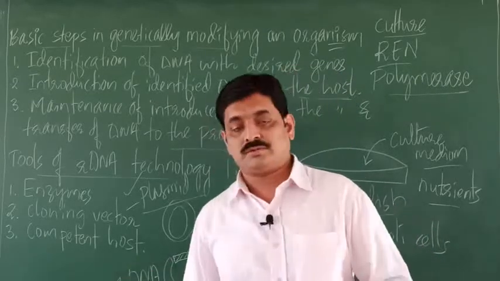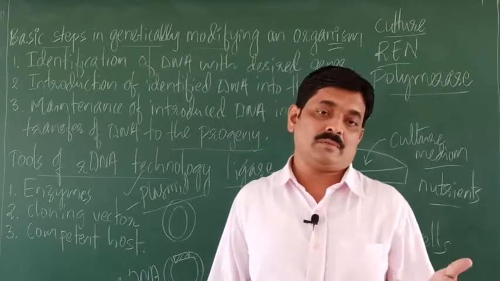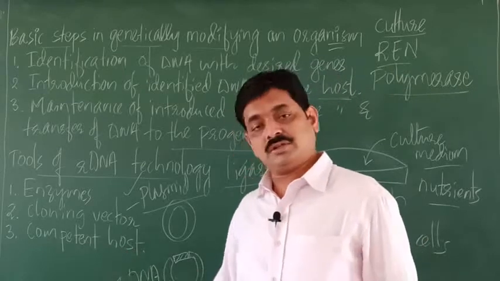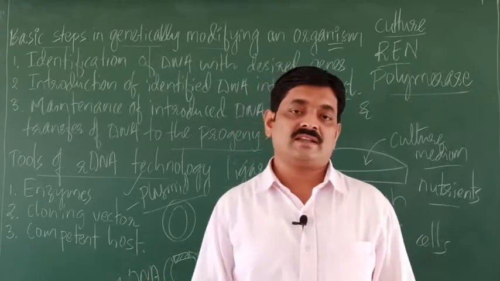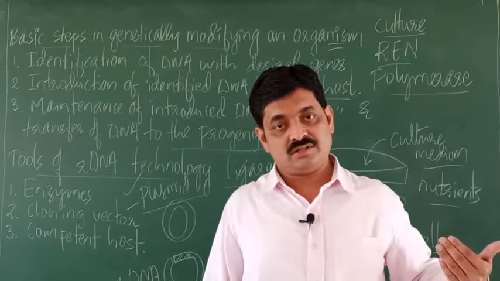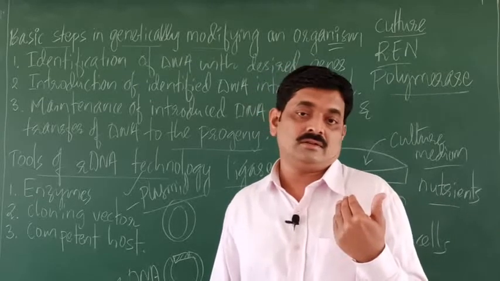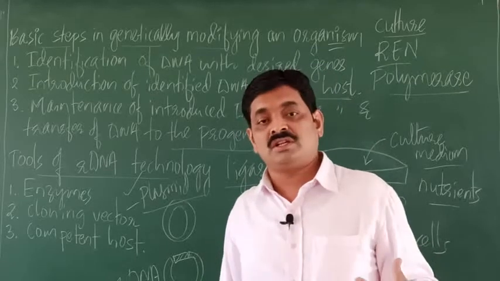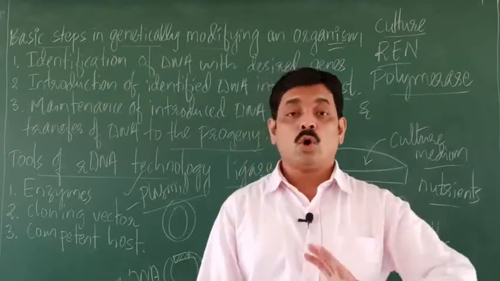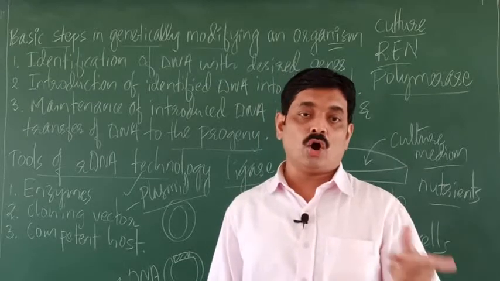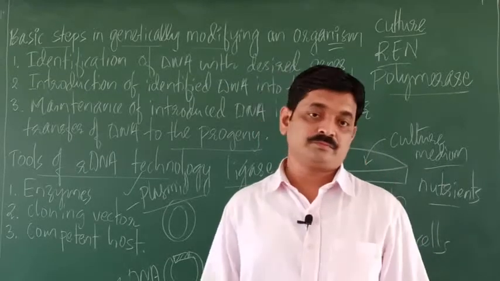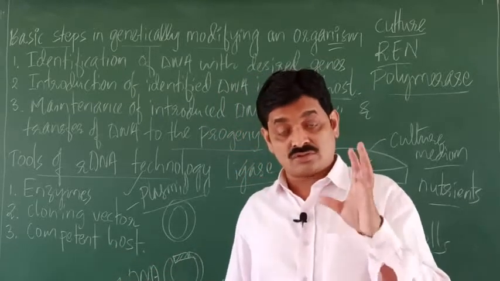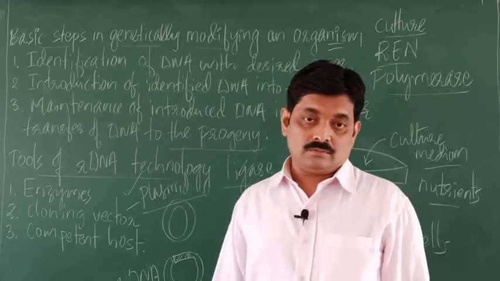Then competent host. The meaning of competent is capable, right? Capable host. Host is the organism which receives the desired gene. An organism which receives the desired gene or foreign gene is called a host. So the host which is capable of cloning genes is called a competent host, right?